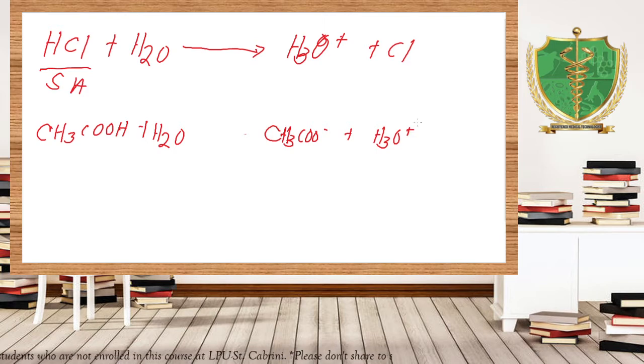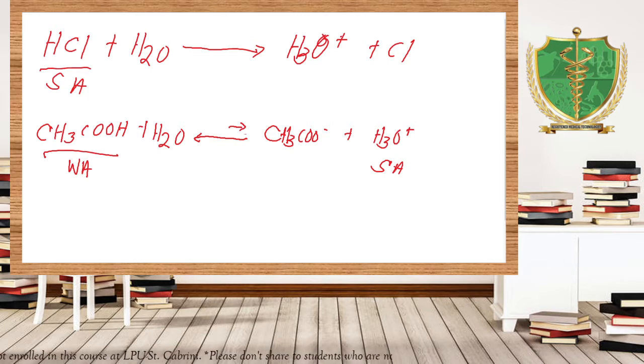So in contrast, acetic acid is a weak acid. We know that this is a weak acid, therefore it lies very far to the left. So, ibig sabihin, this is our strong acid, so papunta siya doon sa kabila.